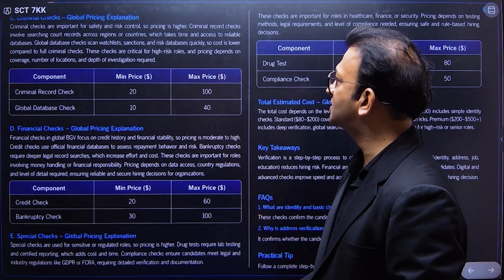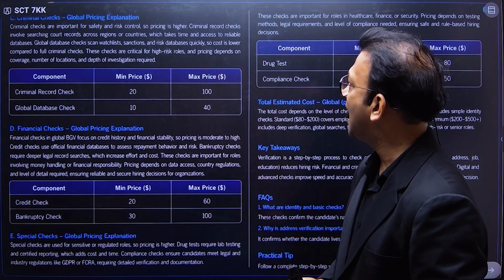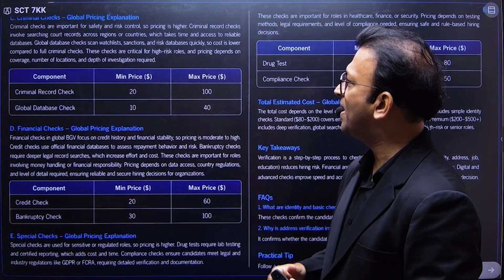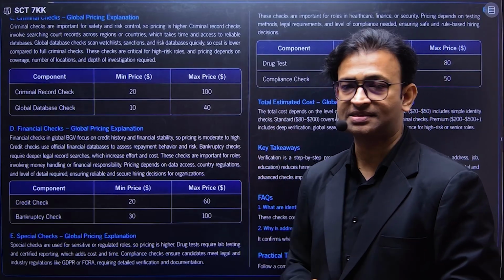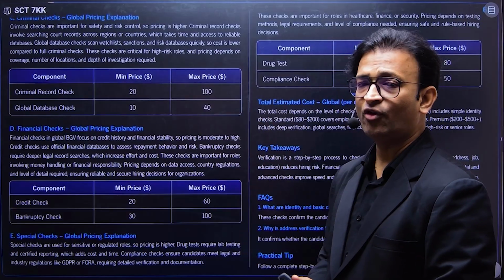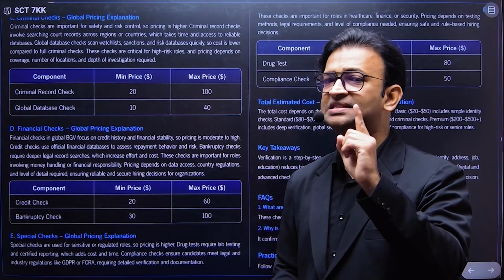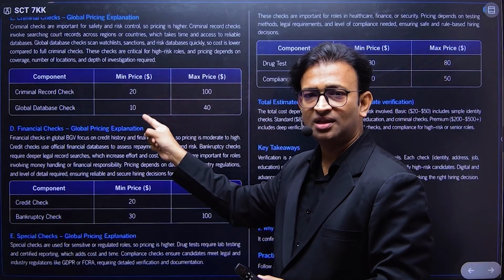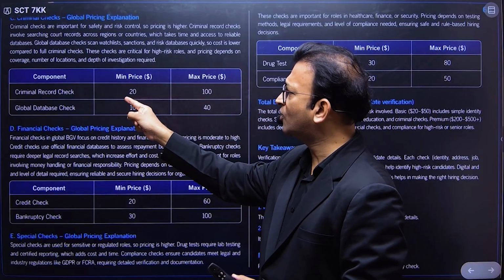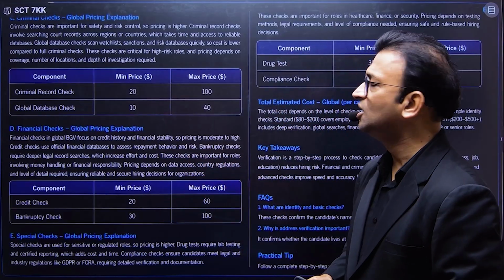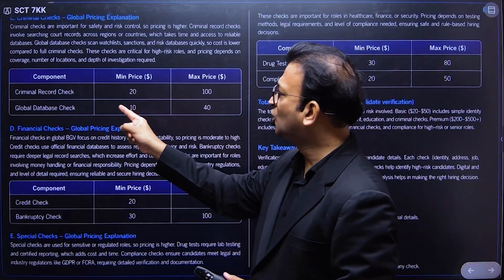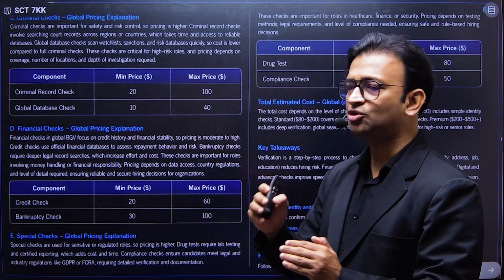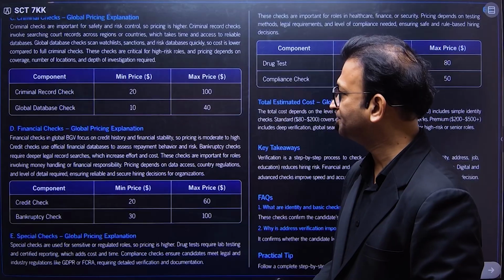Global database checks scan watchlist, sanctions, and risk databases quickly, so the cost is lower compared to full criminal checks. These checks are critical for very high-risk and sensitive roles in the company. Looking at the pricing strategy in dollars, criminal record check in the range of $20 to $100, and global database check in the range of $10 to $40 only.